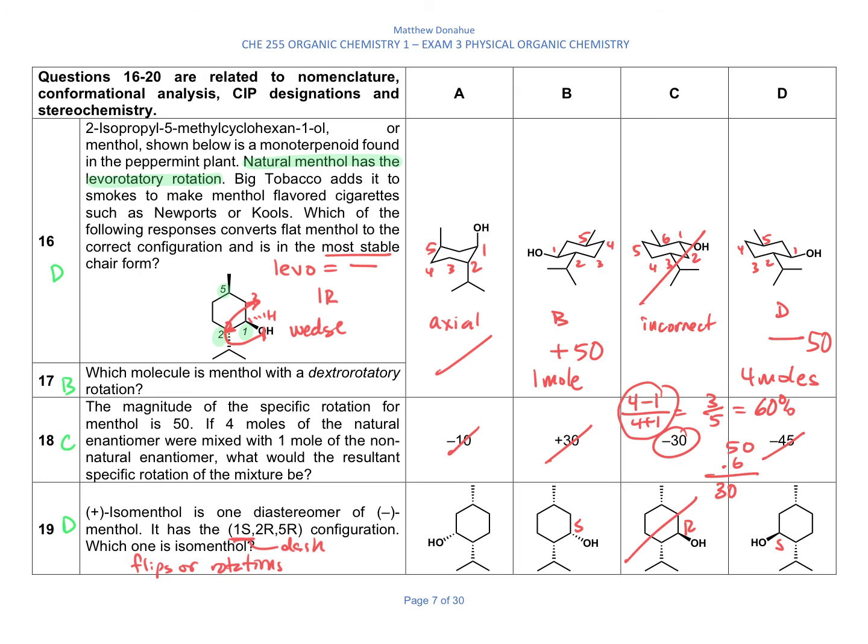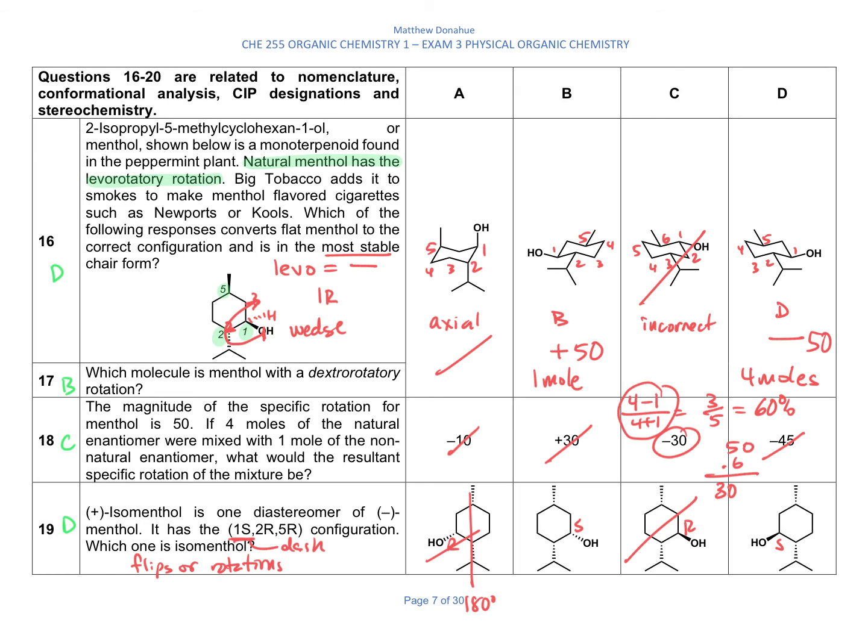If we look at A now, if you do a 180 degree rotation, you'll find that it's going to flip that alcohol towards you, and that would then be R. So we could eliminate A as well. So we're really between B and D at this point.